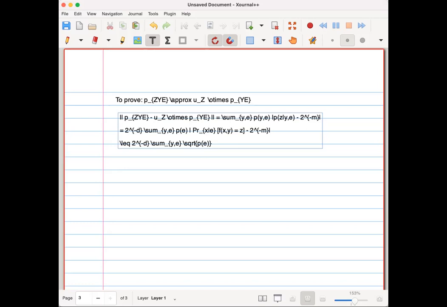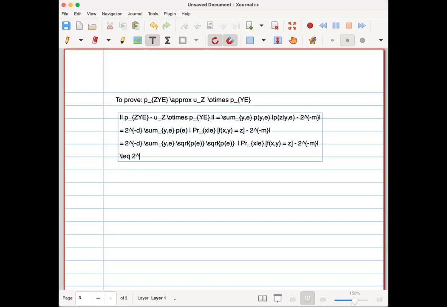Right now I'm still keeping equality. I'm just splitting p into square root p times square root p. So nothing has happened, I've just split p into square root p times square root p. But now I'm going to apply Cauchy-Schwarz.